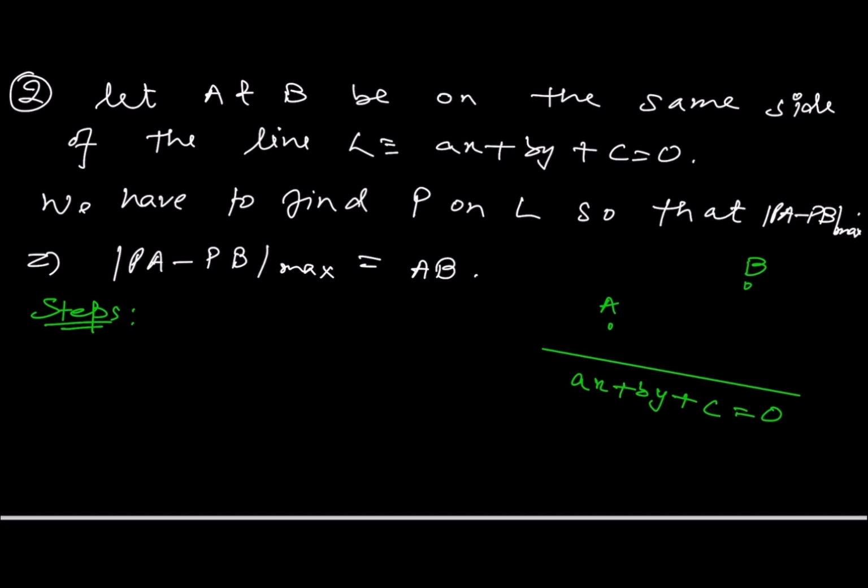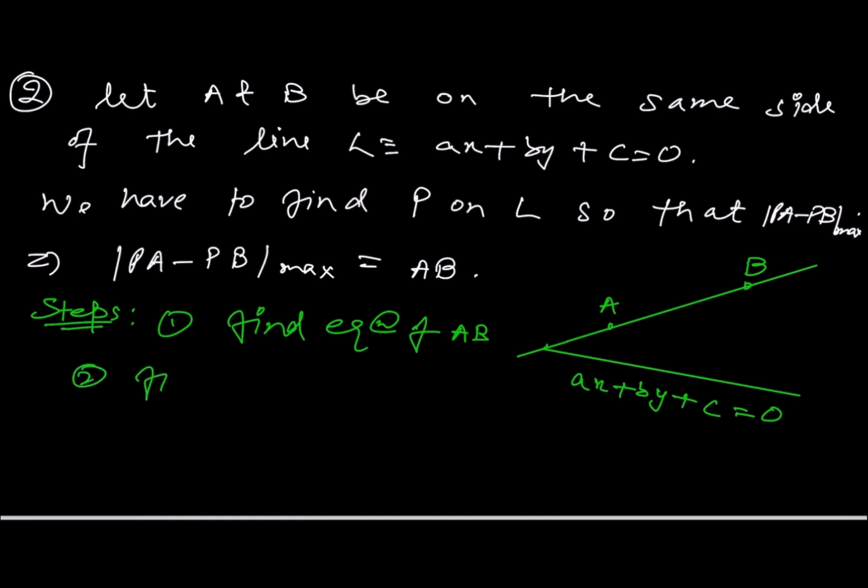So join AB or find equation of AB. In this case, no need to take reflection of any point. If you have equation of AB, then you can find point of intersection of AB and L. Right, this is L.